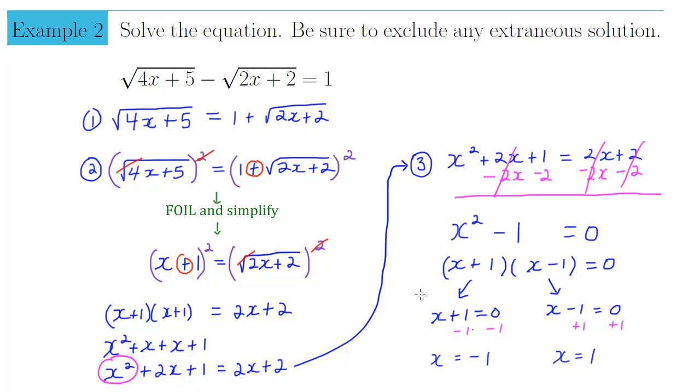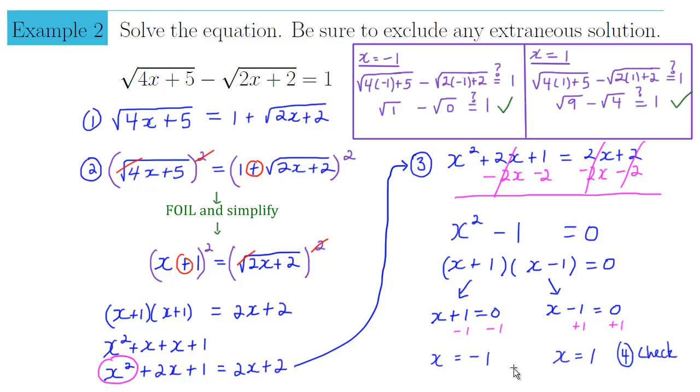These are what we think solves this radical equation, but we have to be sure. Right? We have to perform our fourth step of the procedure, which is to check all the proposed solutions. So let's go back and plug both negative 1 and positive 1 into the original equation and see if they satisfy it. So plugging negative 1 and 1 back into the original equation, we get these expressions.